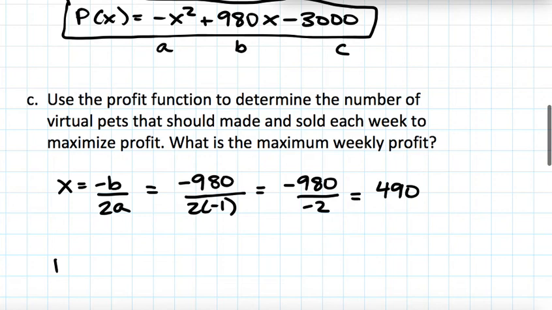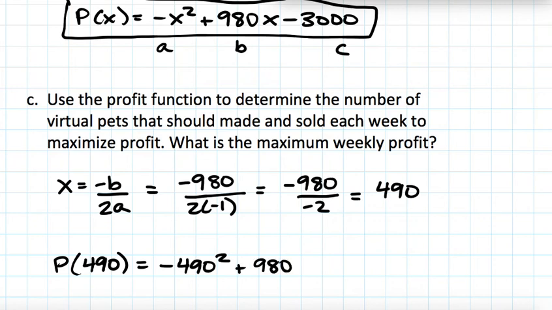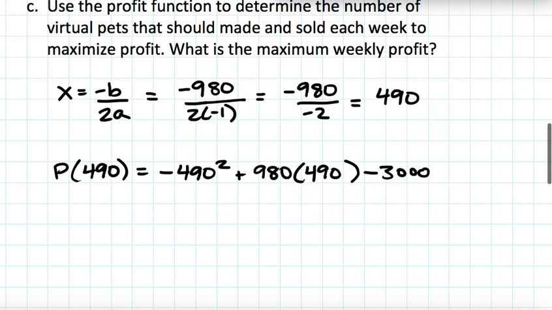To answer the second part of the question, what is the maximum weekly profit, I plug into the profit function. So profit, when I make 490 pets, I'm going to plug in 490 for x. And then do the math here. So you can type this all into your calculator or do it piece by piece.